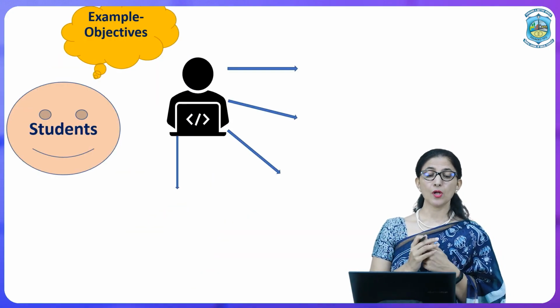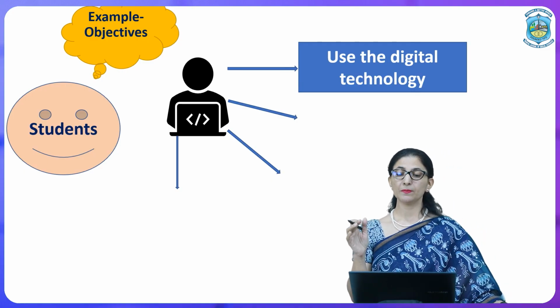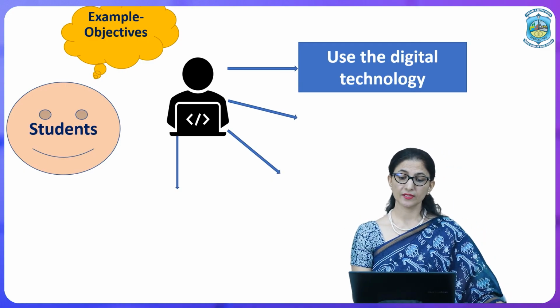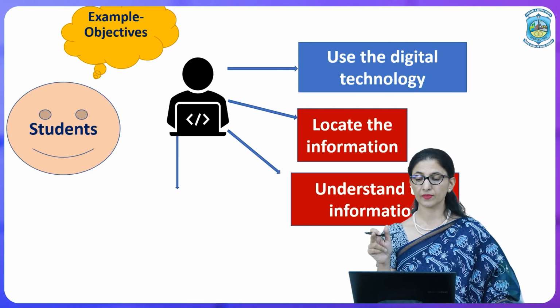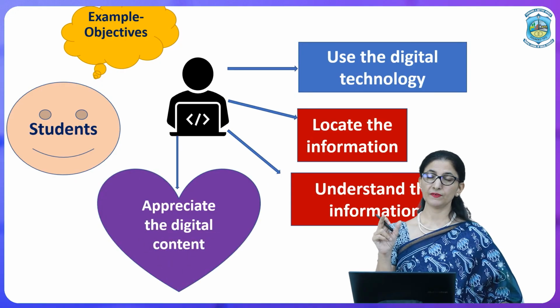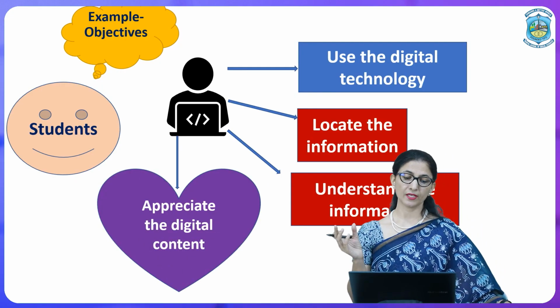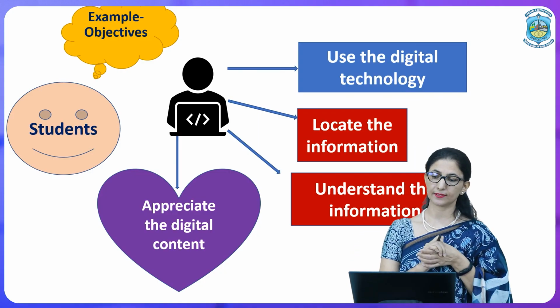Examples of objectives can be: students will be able to use digital technology. Students will be able to locate the information, understand the information, and when you talk about the affective domain, students will be able to appreciate the digital content.